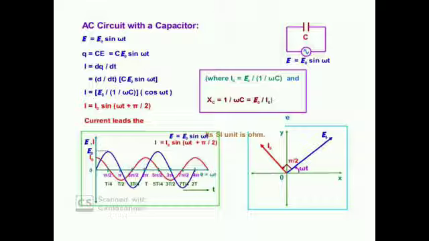So we can say that the current through the condenser leads the applied voltage by pi by 2. Now from this graph also, before the applied EMF reaches its maximum value, current reaches its maximum value equal to I naught. I naught is equal to E naught by 1 by omega C.